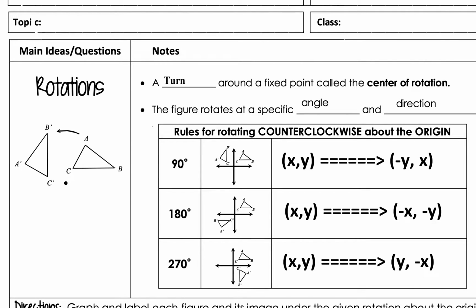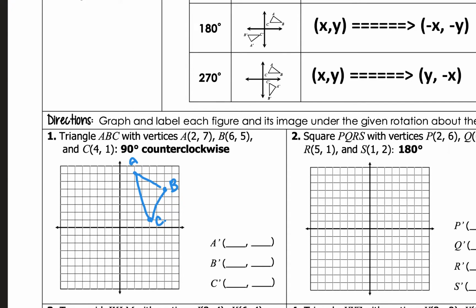So what I'm going to do here is I'm going to move the screen a little bit up, and then we'll kind of refer back to the rules going counterclockwise around the origin. So to rotate this triangle, we notice that the original, for example, A is at 2, 7.